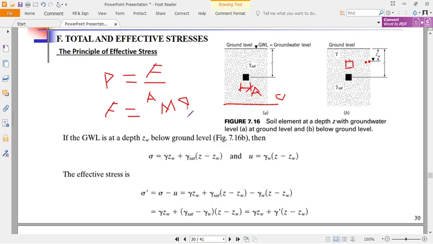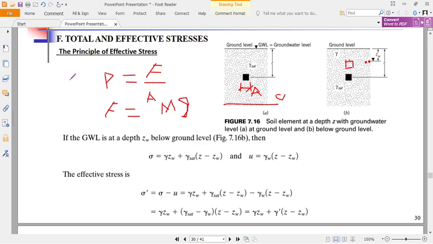Now, what is mass? We know that mass is equal to density times volume.